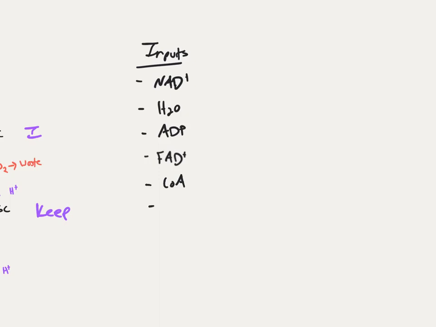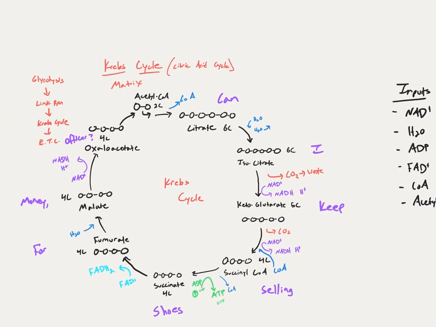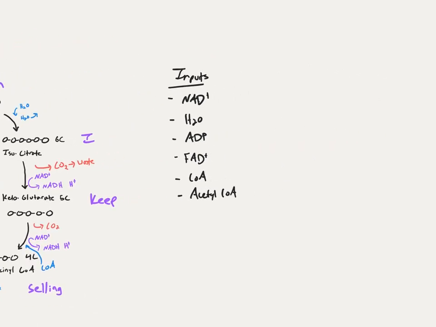And what do we start with at the very beginning? Acetyl-CoA. I would say you don't need to include the oxaloacetate because it's part of the cycle and it gets recycled. It's not an input that you're adding into it, so I don't think it's necessary to include it for inputs.